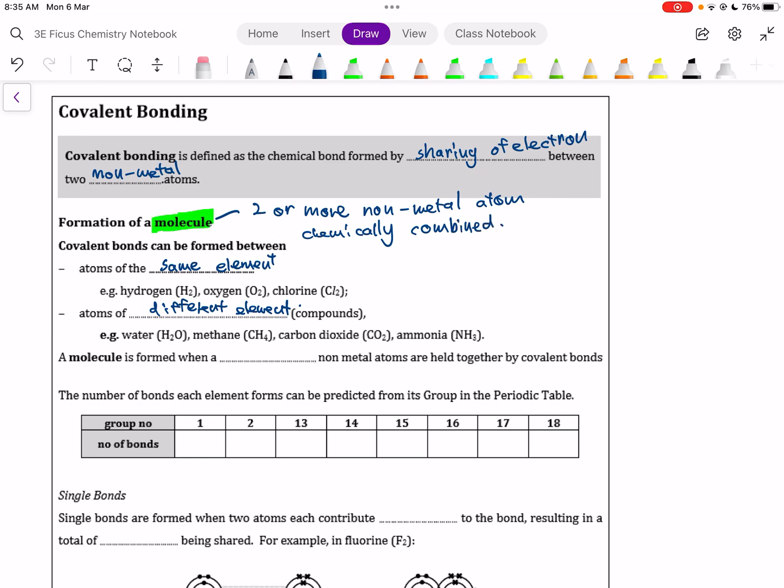So they can be from the same element or molecules of compounds, that means from different elements.